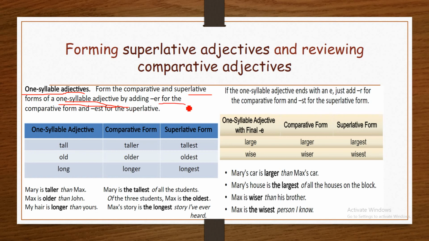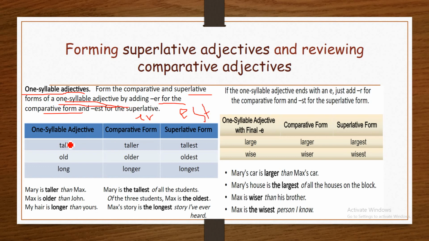For the comparative form, we add er, and est for the superlative form. It means when we have a one-syllable adjective, to make it a superlative form, we just add est to it.